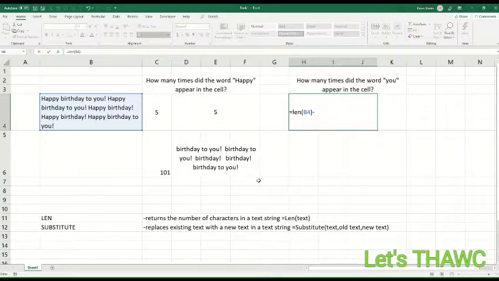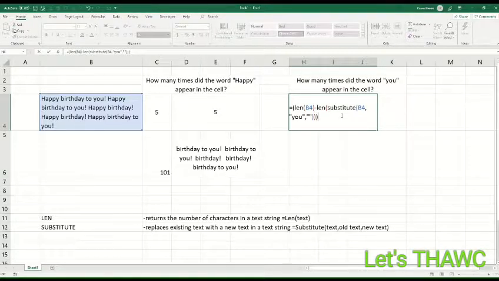What we will do here is get the length of the substituted word or phrase in the cell. Replace it with blank, and add another parenthesis there. Since the word "you" has 3 characters, we need to divide this by 3.